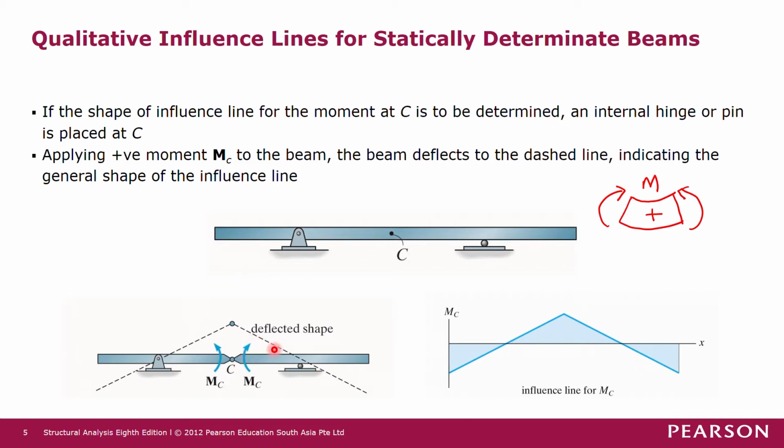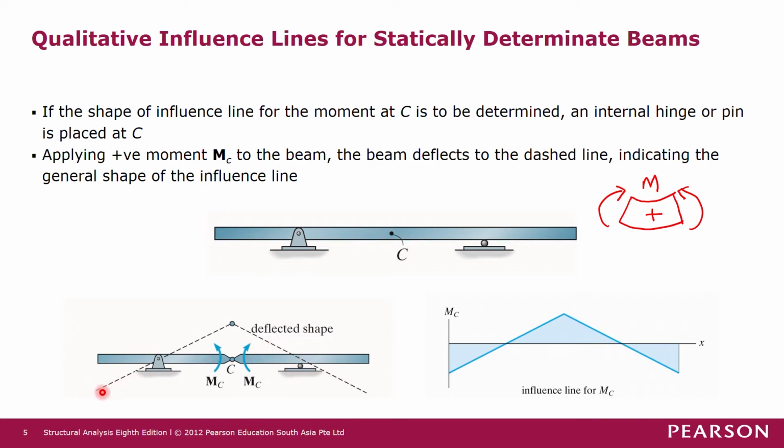So if these two segments of the bar are acted upon by these two moments, then these two moments will lift this hinge upward. At the support here, it cannot displace, it can only rotate, as well as at this support here, it can only rotate.